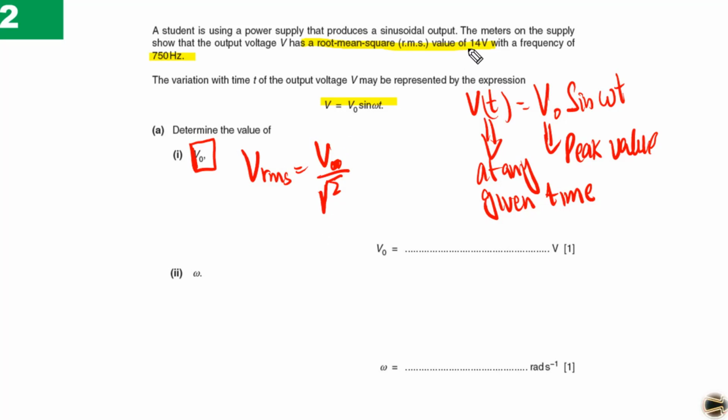As the RMS value is already given to us, 14, the peak value will be equal to root 2 multiplied by the given RMS value, and that will be our final answer. So in this case our final answer will be 19.8 volts.